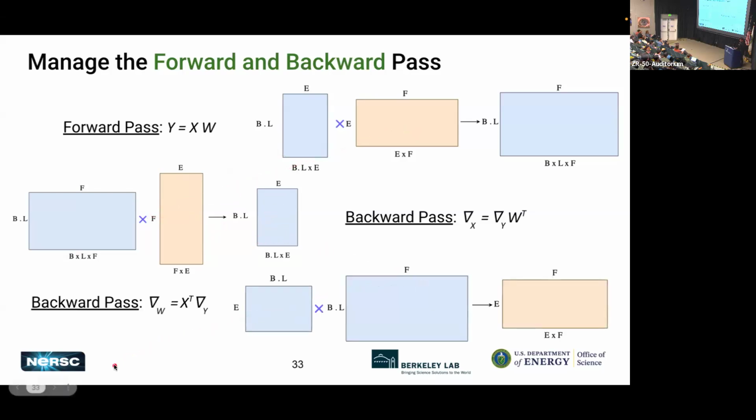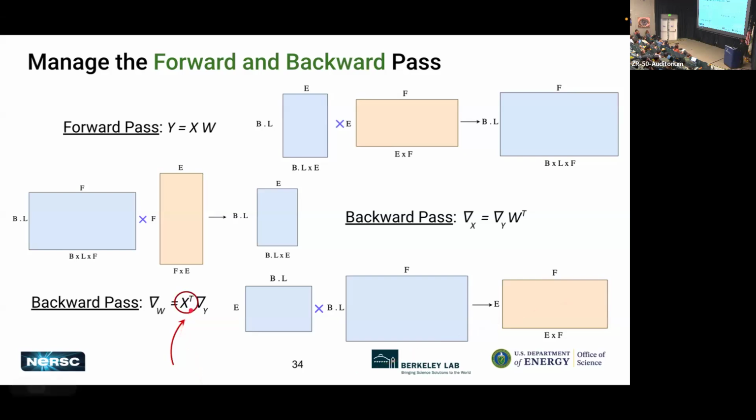And then you have the backward pass, which computes the gradient of the weights. That's basically x transpose times gradient of y. So if you transpose the x matrix, it's E times BL times gradient of y is BL times F. And you get gradient with respect to the weights, which is once again E cross F matrix. So it's this matrix that you will use in your optimizer step to actually update your weights and move your neural network closer to a local minimum.